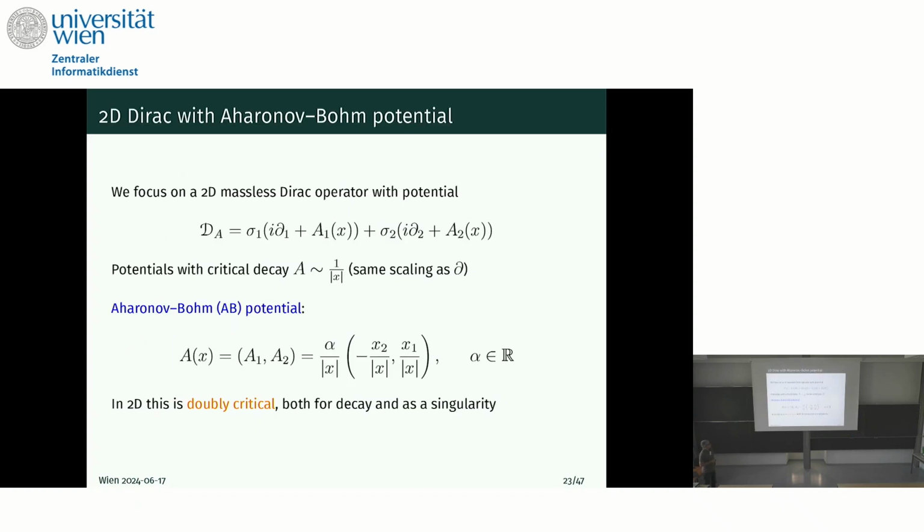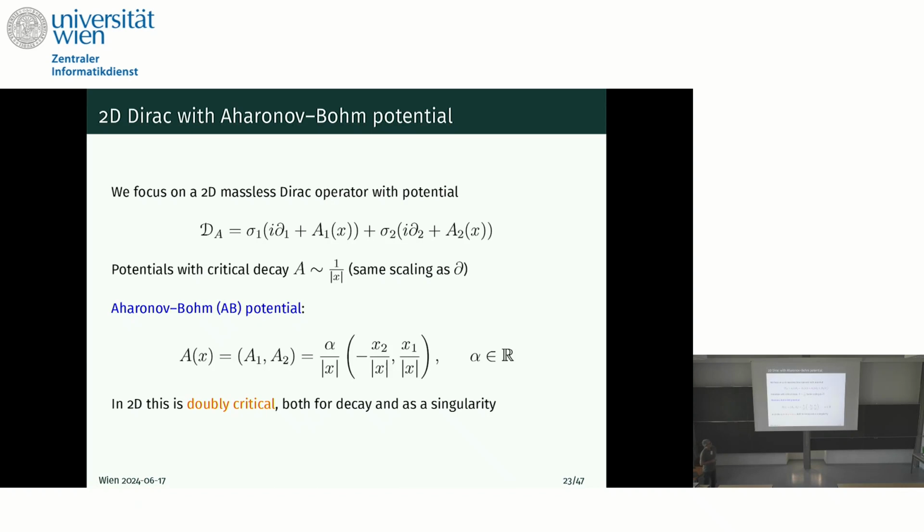Let me tell you something about this case. This is the main problem I consider here: we considered the 2D massless Dirac operator with a really critical potential, okay? So now A is exactly 1 over x, apart from this.